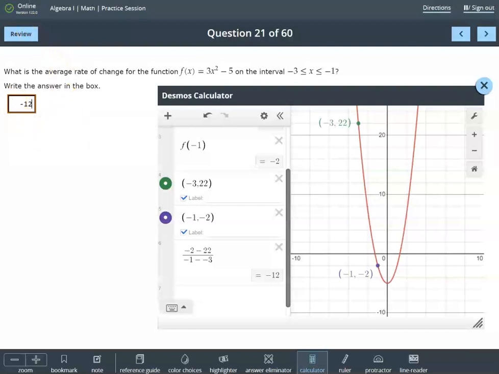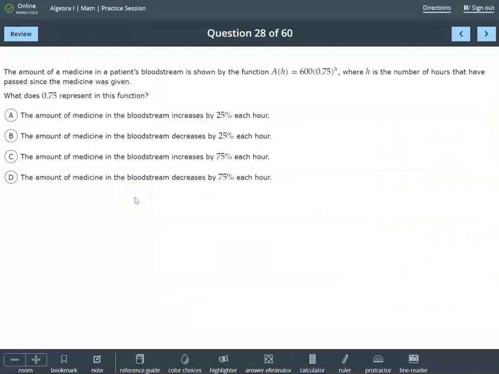Let's go to the next item. The next item we're looking at is question 28. We're given a function, a of h, and we're asked to determine what the 0.75 represents in the function. So what we're going to do is create a table for this problem.